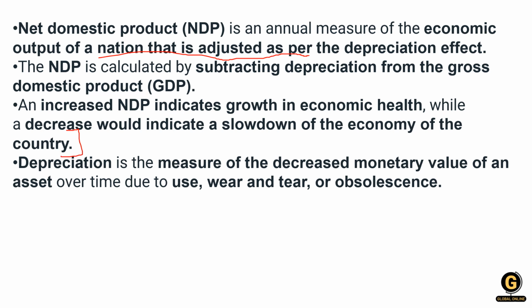It is an indicator of the economic health or weakness of that country. What is depreciation? Depreciation is the measure of decreased monetary value of an asset over time due to use, wear and tear and obsolescence. So let's move to the next question.